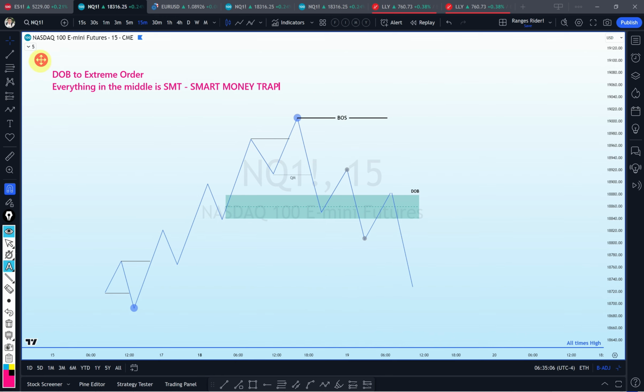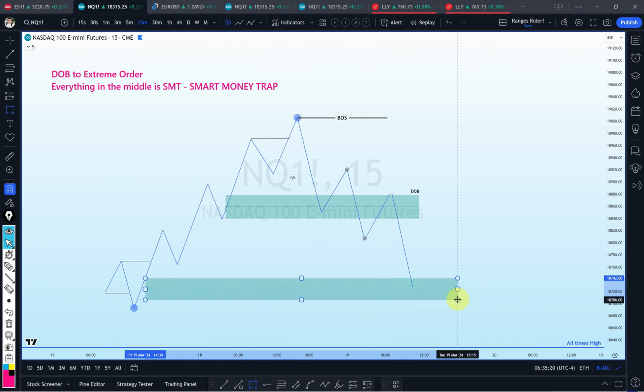Okay, so we will not go long in any case if we disrespected the DOB. Then our next stop is the extreme order block.